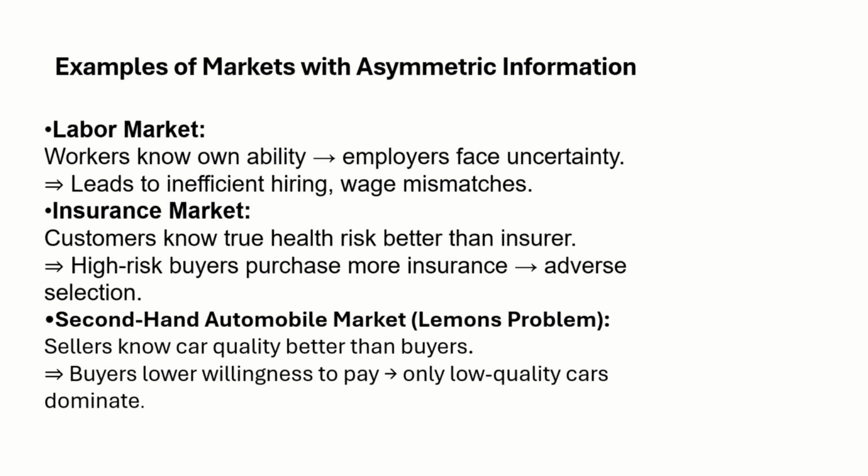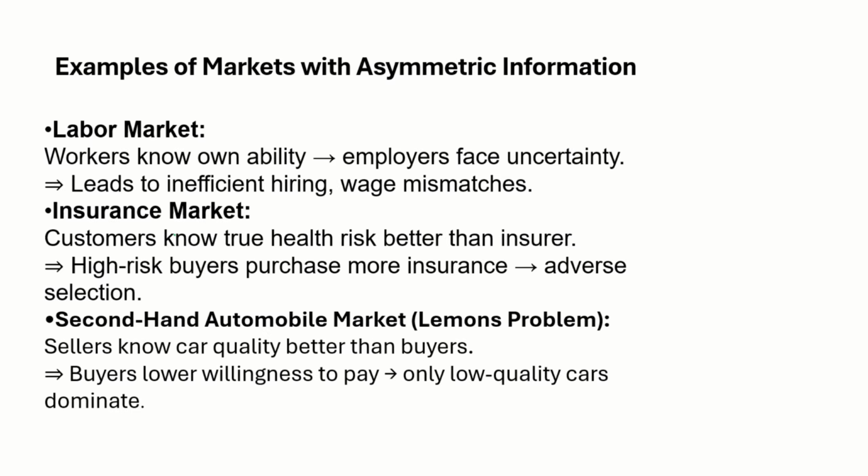Then we take some examples of asymmetric information: the labor market, the insurance market, and the second-hand automobile market. In the labor market, a worker knows more about their ability, work ethic, and productivity than the employer does. This can create inefficiency because the employer has a hard time identifying true talent, because the employer doesn't know who has better ability or better skill.